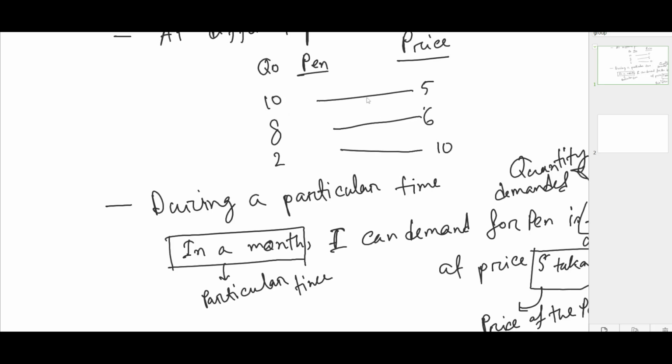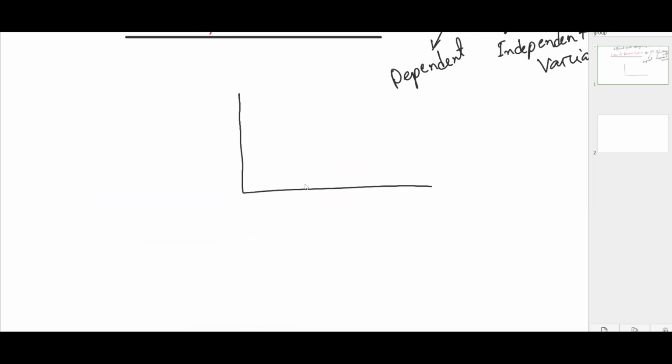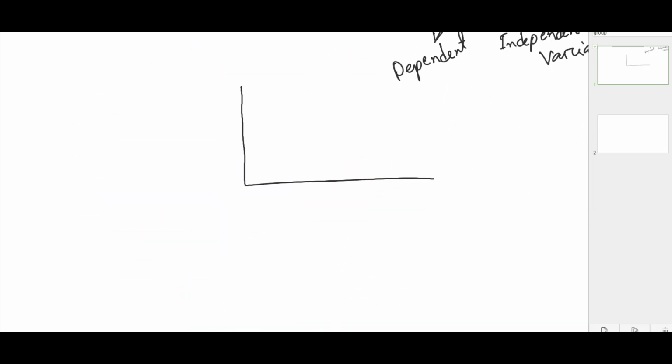Here we can see that as the price increases, the quantity demanded for pen is decreasing. That means as the price increases, the quantity demanded decreases. There are two axes in this graphical representation: one is the horizontal axis, another is the vertical axis.